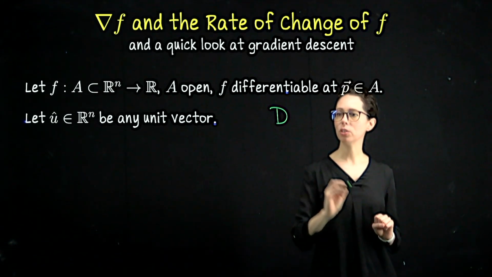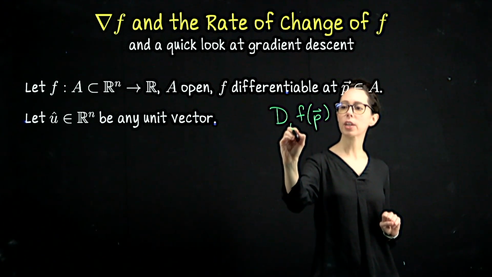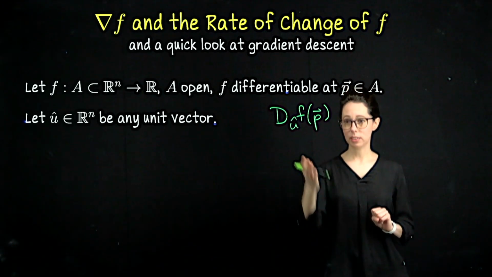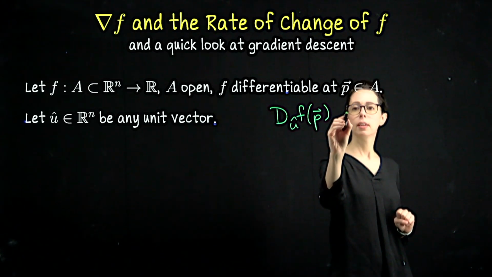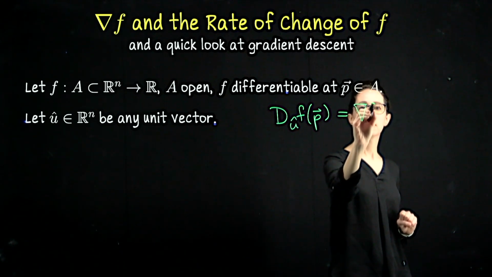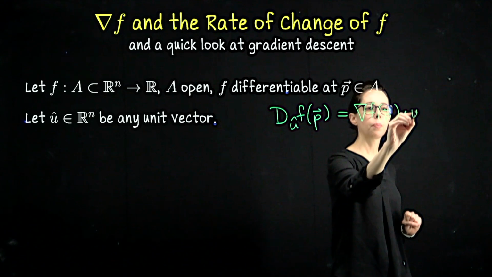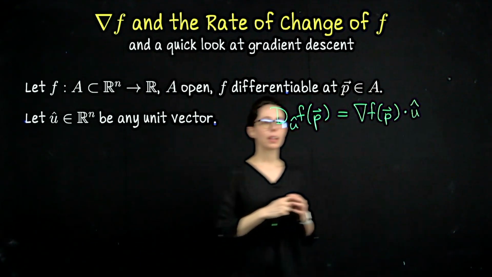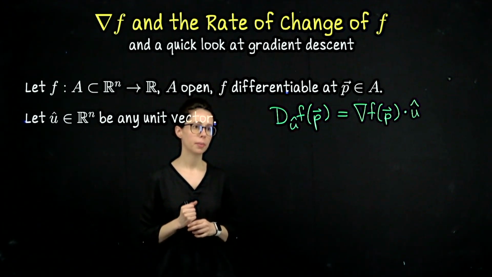The directional derivative of f at p in the direction in the domain indicated by u is computed by taking the dot product of the gradient of f at p and u. So that allows you to avoid the limit definition of the directional derivative.